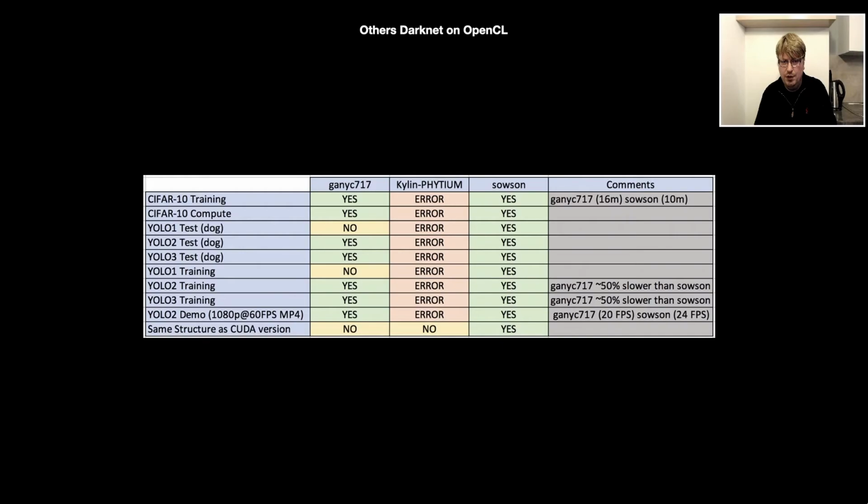I want to be honest that YOLO first training does not work anymore, right? When I adopted all changes, training stopped working because there is something that breaks the compatibility with the max pool.